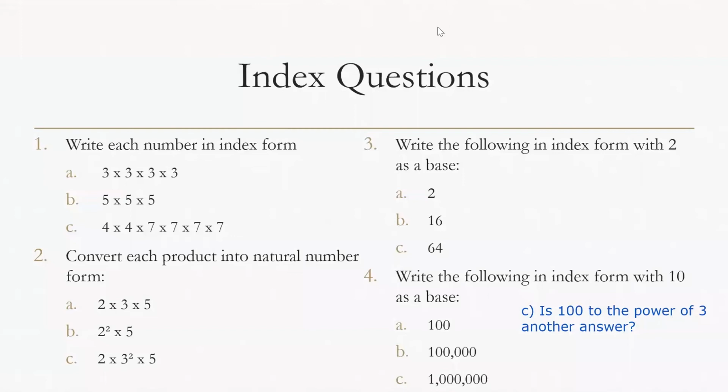Shania, what do you think? I think so. I'm not sure, but I think so because if you do 100 times 100, it equals 10,000. And then that times 100, just add 2 zeros to it. Then you have 1,000,000. So I think that's okay to do. Okay, so I have one yes.